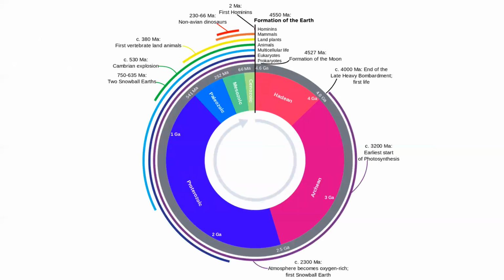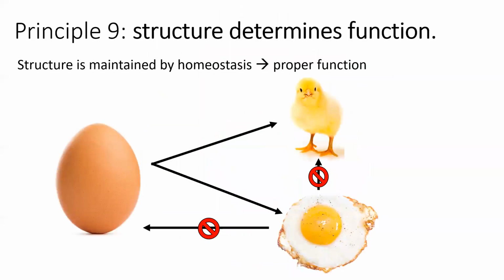So you can see the life cycle of the planet right here. And basically we share a lot of the DNA of our former ancestors. We are still carrying the DNA.